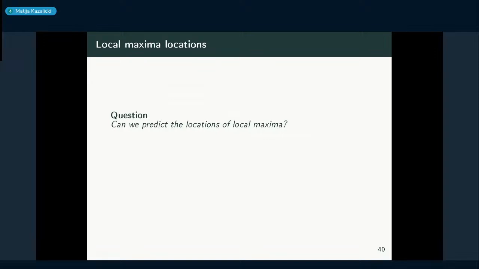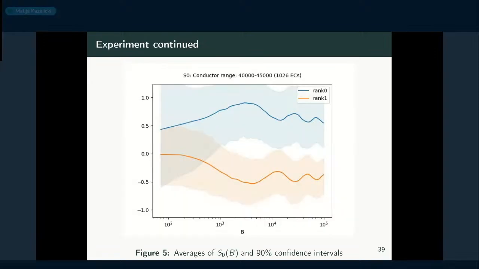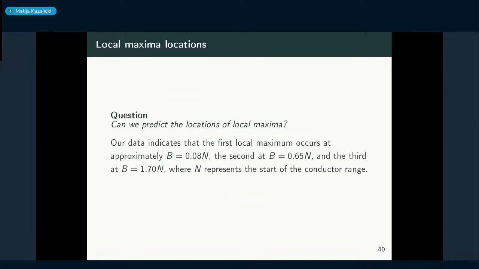The first question we ask ourselves is, can we predict the location of this local maximum? And surprisingly, we can. Our data indicates that the first local maximum occurs approximately at B equals 0.08 times the conductor, the second at 0.65 times N, and the third at 1.7 times N, where N represents the start of this conductor range.